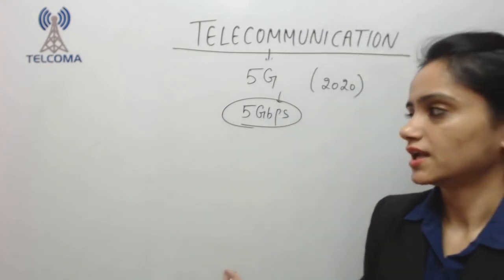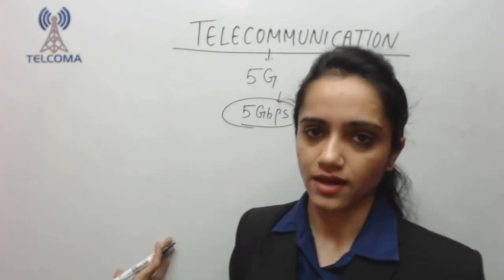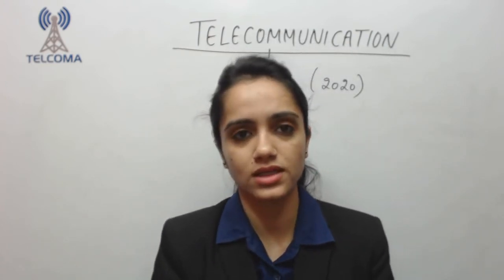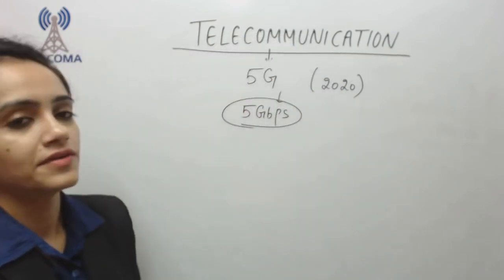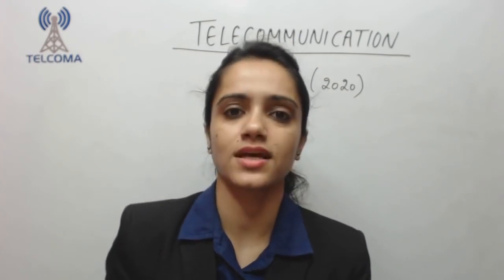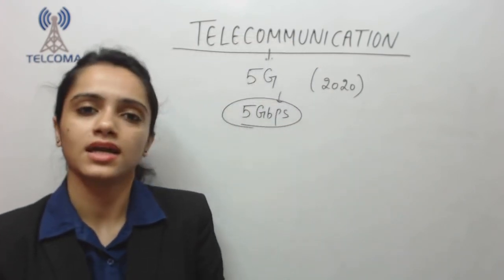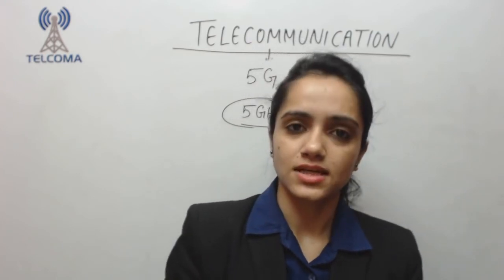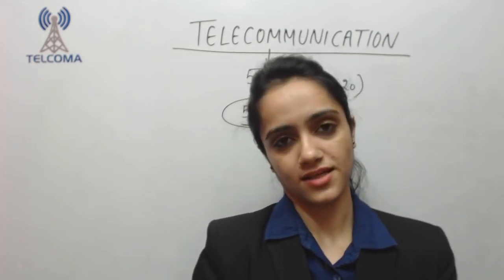Right now we are doing research and development for the 5th generation. Many companies are working to achieve this data rate, and in 2020 we expect commercial 5G networks. We have multiple concepts in the 5th generation to achieve this much data rate.